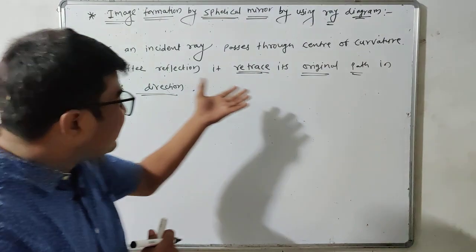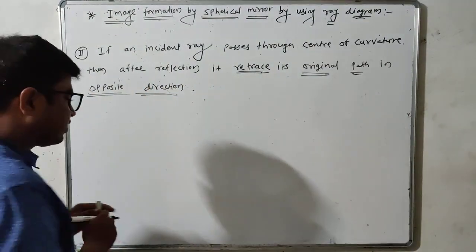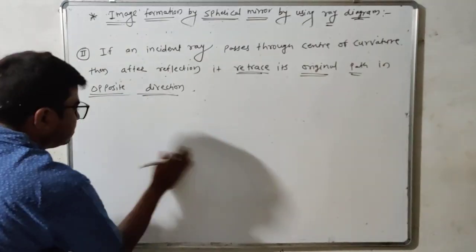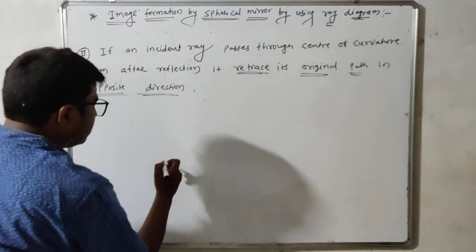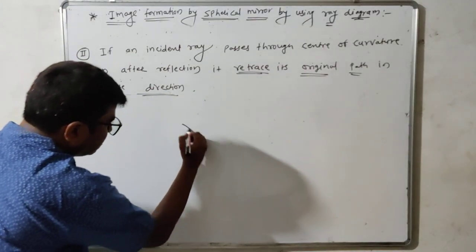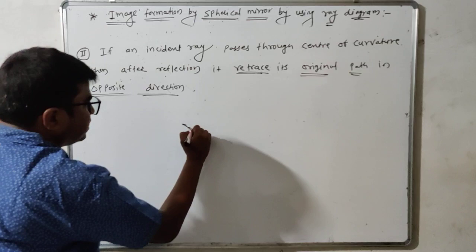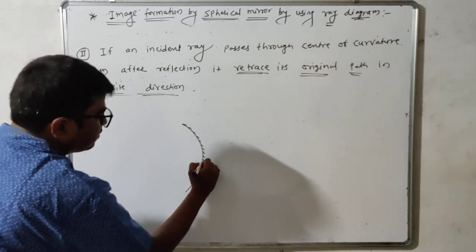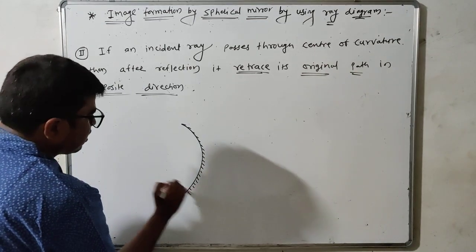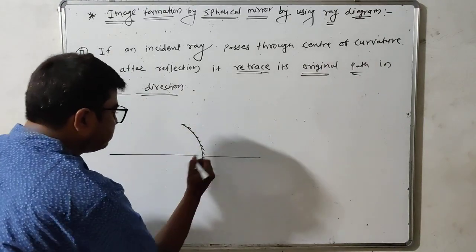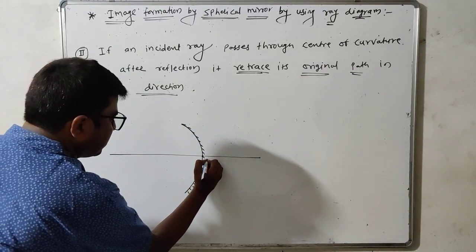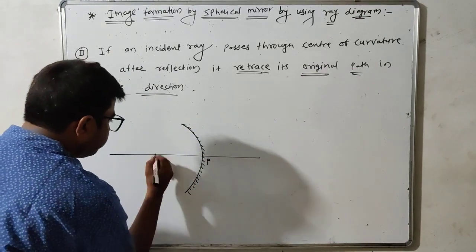Let us again understand this law by simply drawing a diagram. Consider a concave spherical mirror like this. This is its principal axis, which passes through this point called the pole.